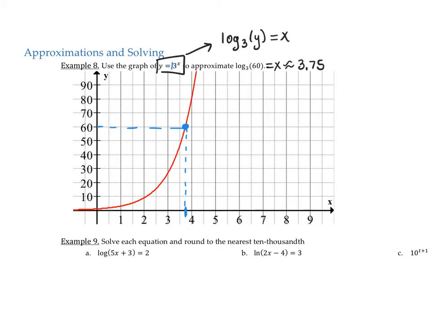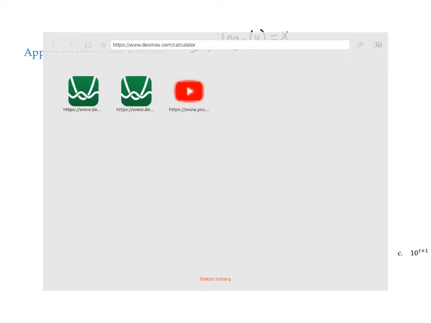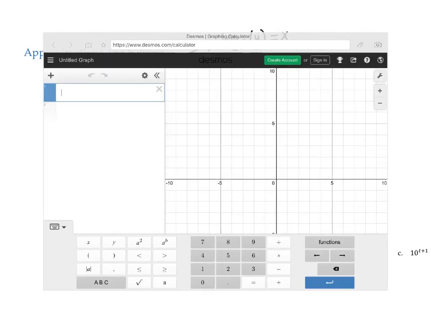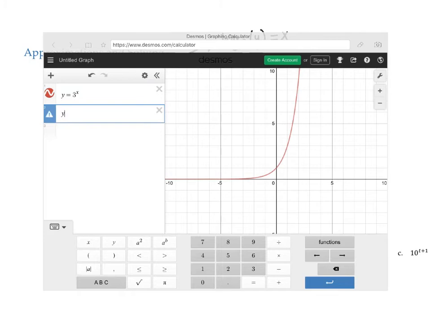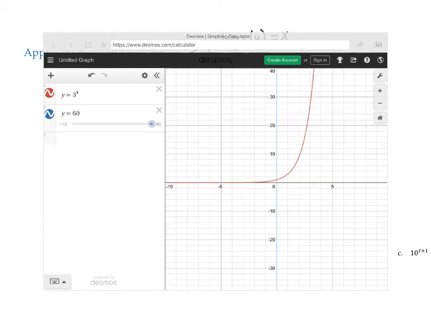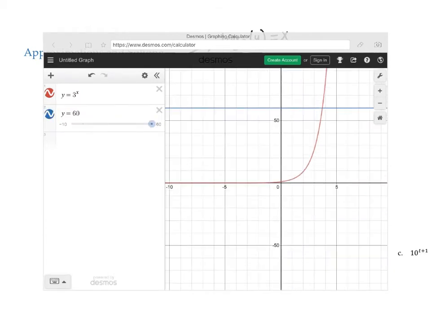Now I'm going to show you in Desmos two ways that we could solve this. The first way is we could just solve graphically. We could put y equals 3 to the x in here, and we could put y equals 60. And we can't see, so we'll just zoom out. I'm pinching on the y-axis, and then I'll click for the intersection, 3.727.